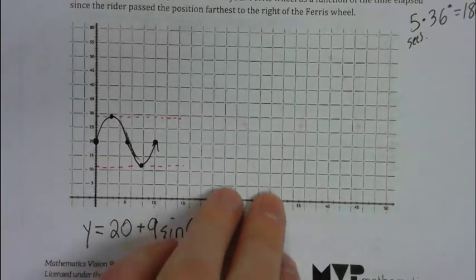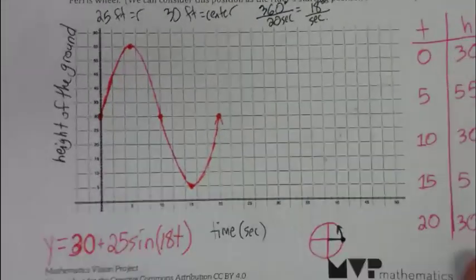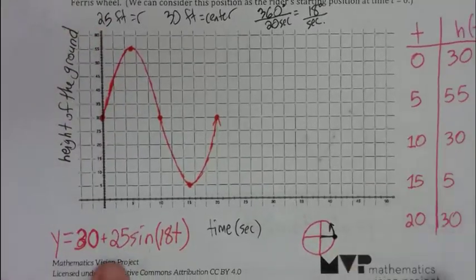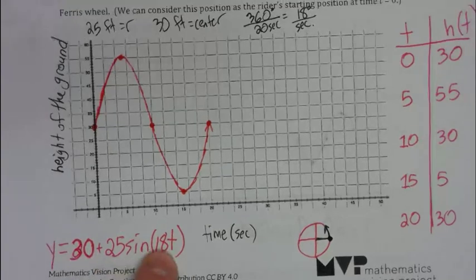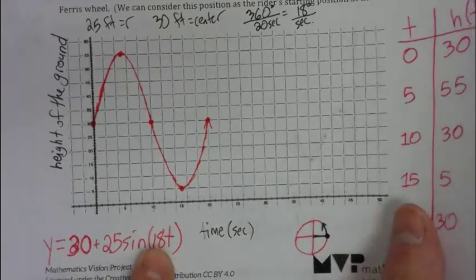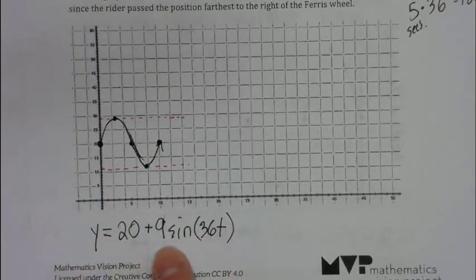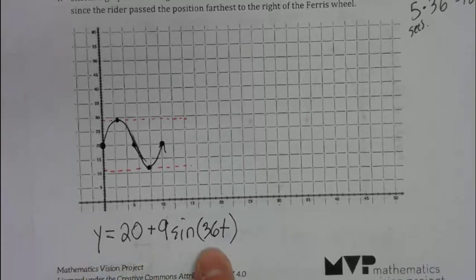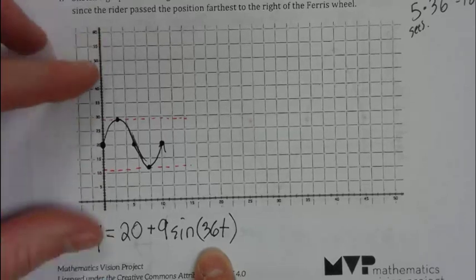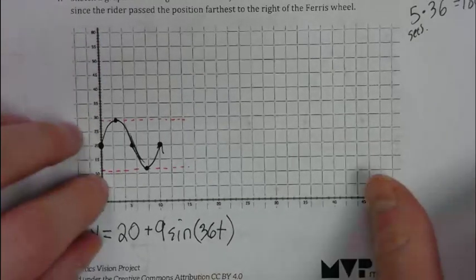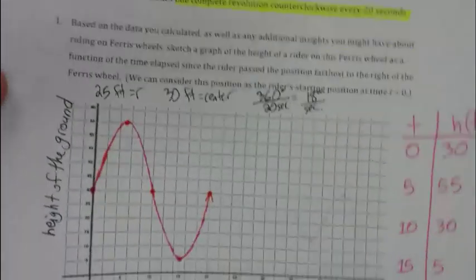So if we compare the first graph, so we have that taller and more spread out, and we had our equation right there, 30, 25, 18. So now with this one, our 20 was smaller and our 9 was smaller, but the 36 is bigger. So that made it smaller vertically, and then we moved it down to 20, but that 36 is double what the 18 is.